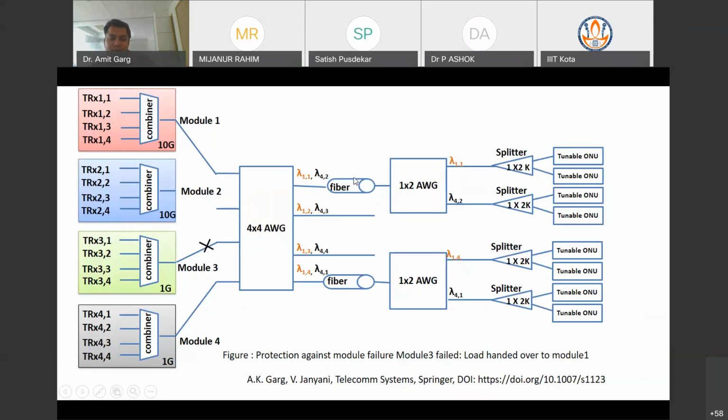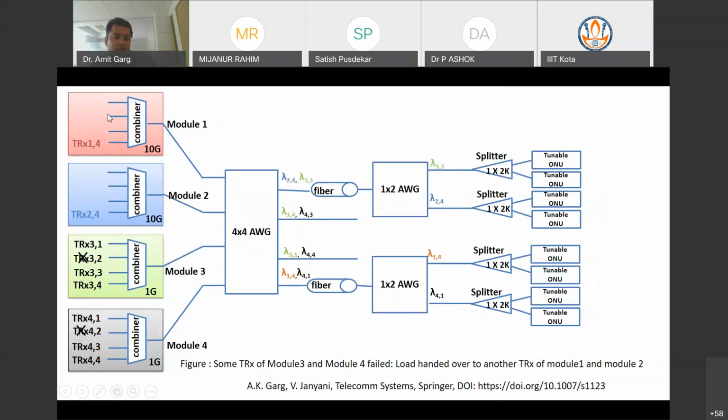So at least we can have the service reliability. We can avoid the service disruption, and now we have the time to get it resolved. Up to that point, the services or data are being transmitted by this module.